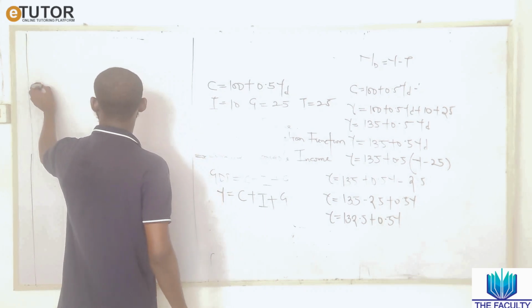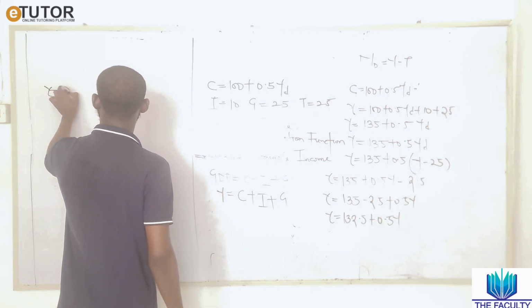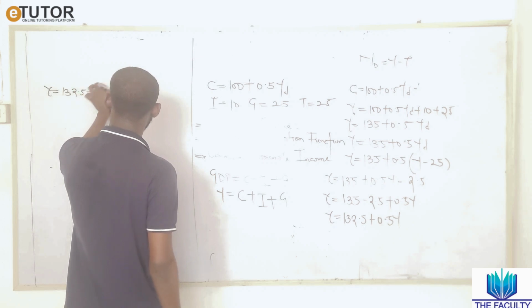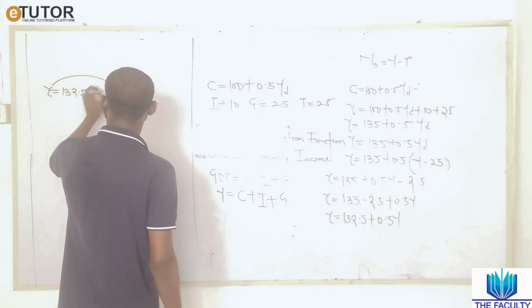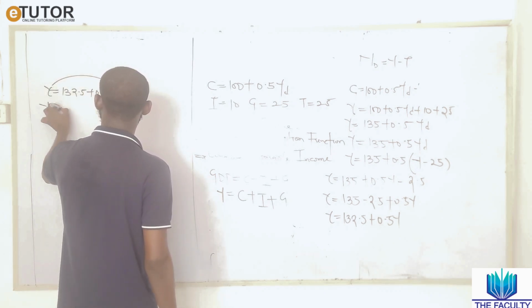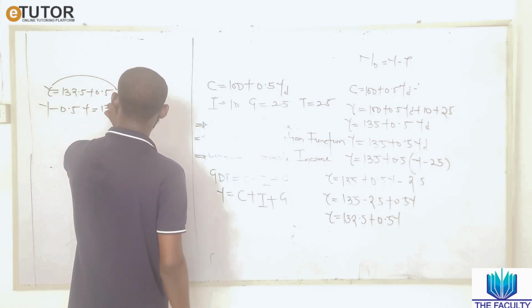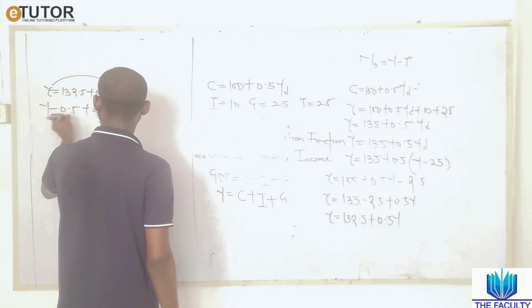So Y is equal to 132.5 plus 0.5Y. Then you collect the like terms, so Y minus 0.5Y is equal to 132.5.